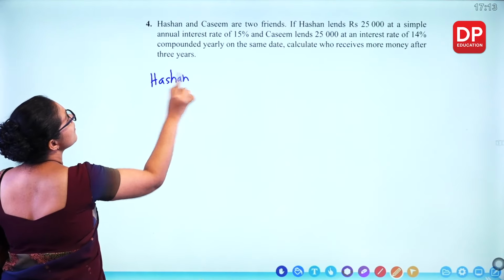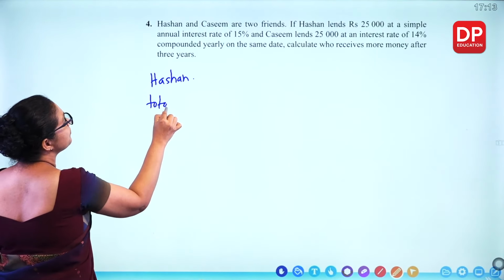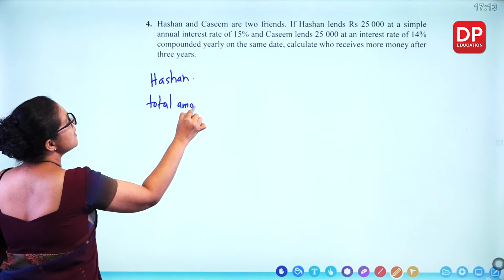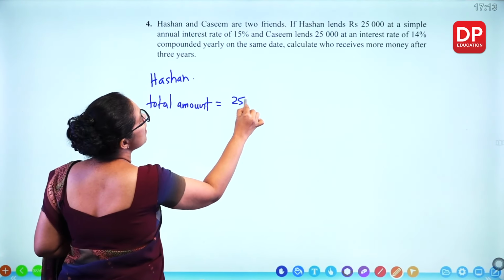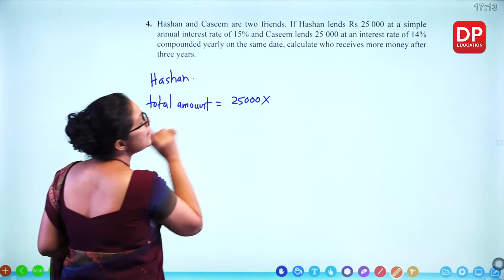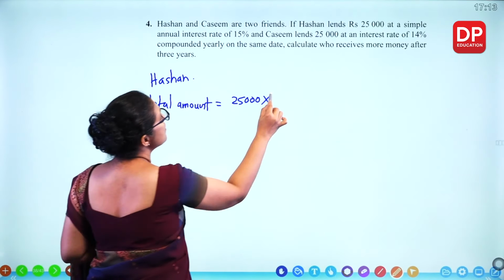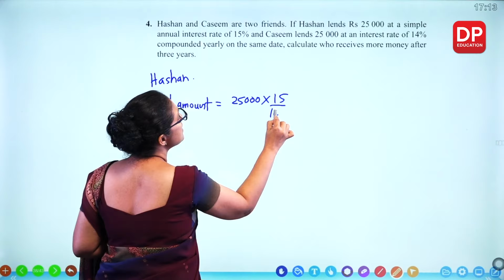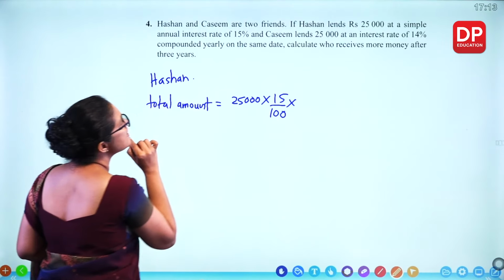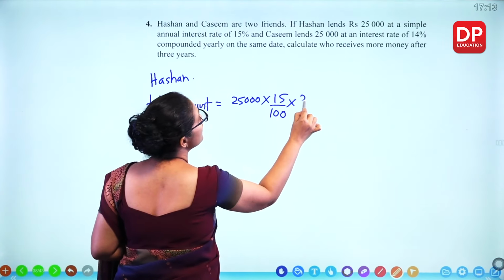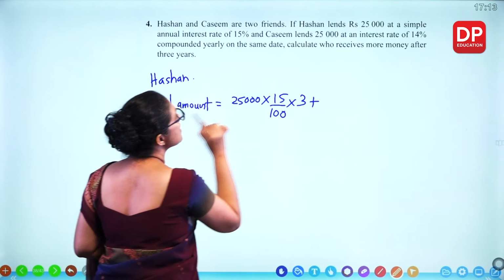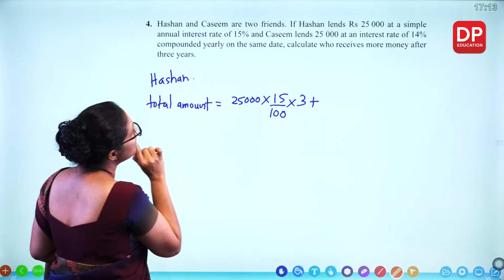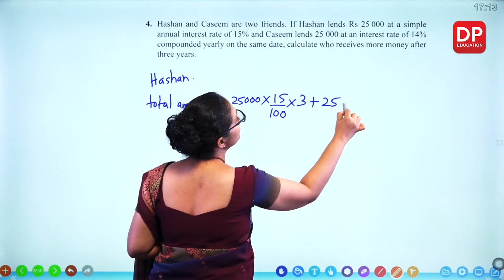So what's the total amount? Total amount is initially 25,000. This is simple interest. Simple interest rate is 15%. And how many years? This is for 3 years. This is the total interest plus the initial value, 25,000.